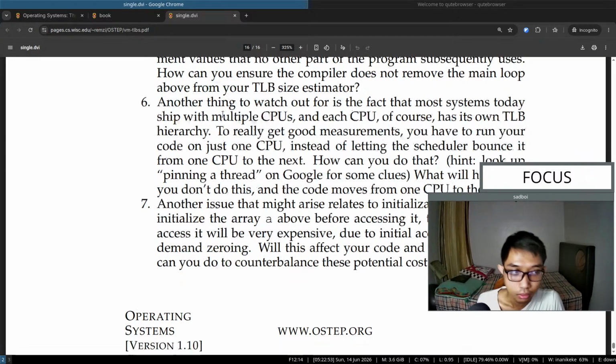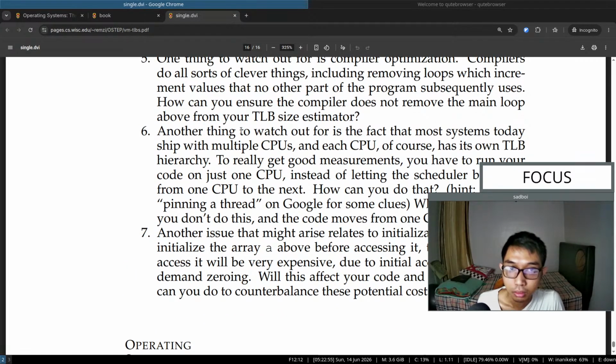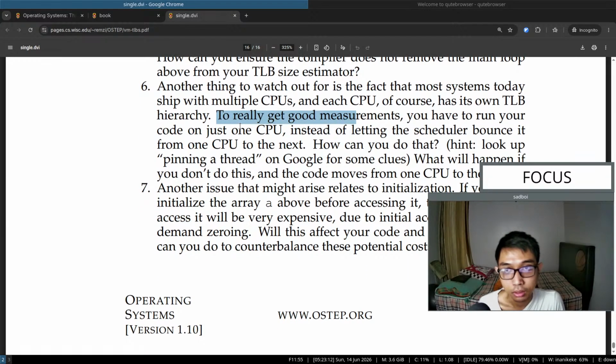Another thing to watch out for is the fact that most systems today ship with multiple CPUs, and each CPU, of course, has its own TLB hierarchy. To really get good measurement, you have to run your code on just one CPU instead of letting the scheduler bounce it from one CPU to the next.